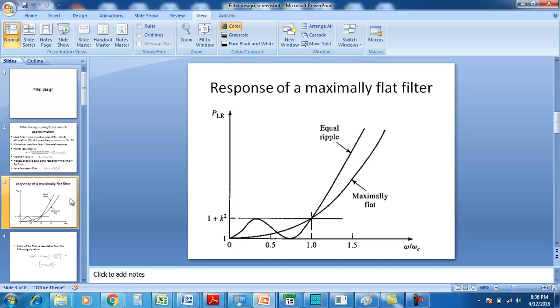That is the maximum ripple or band edge ripple. Within the passband and away from the passband, the characteristic curve is more or less flat. The curve is monotonically increasing within the passband and also in the stop band. That is the characteristic of a maximally flat filter.